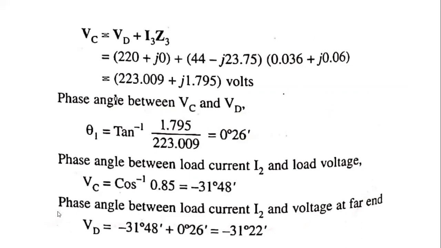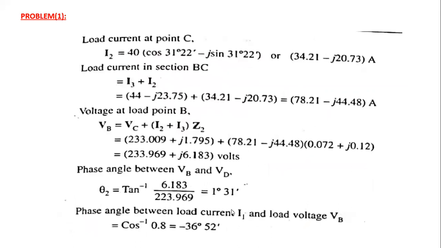Similarly, we can calculate the phase angle between the load current I2 at the far end and VD. Therefore, by addition of these two phase angles, we obtain the phase angle of the load current I2 at the far end.